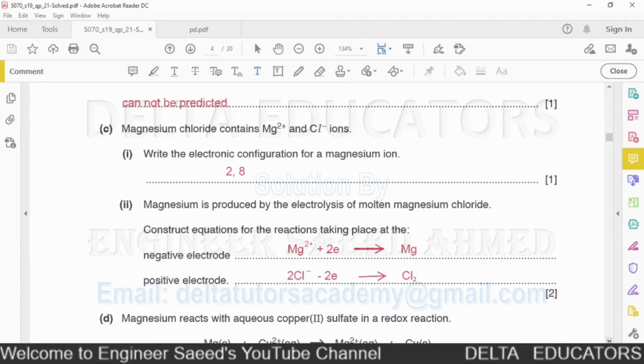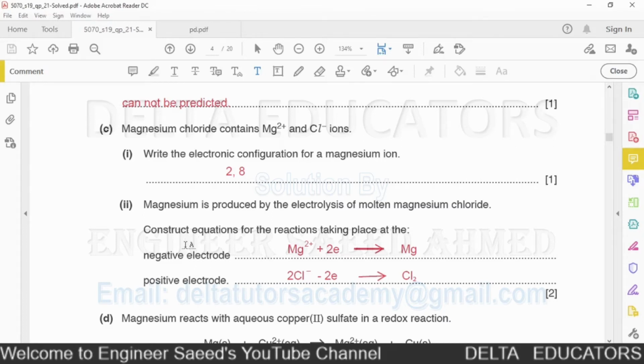Second part, magnesium is produced by the electrolysis of molten magnesium chloride. Construct equations for the reaction taking place at the negative electrode and at the positive electrode. Negative electrode means cathode. Towards the cathode, positive charge will migrate and this positive charge will gain electrons and be converted to a neutral atom.